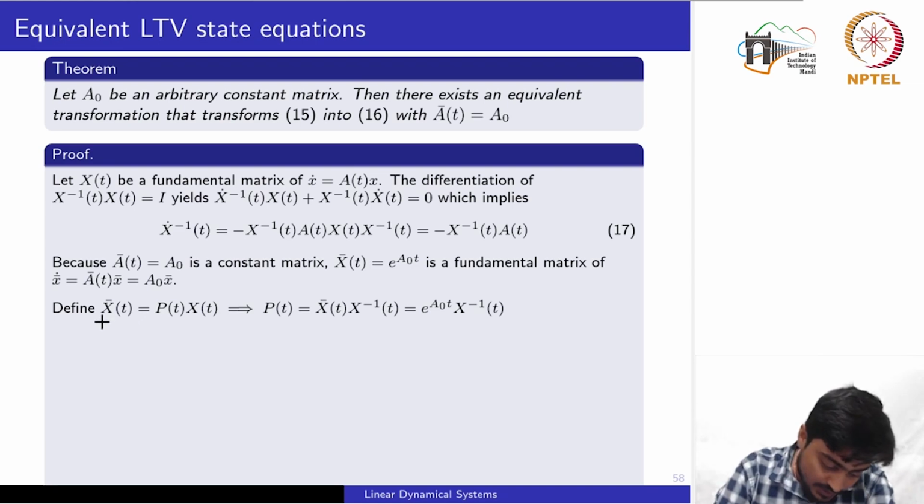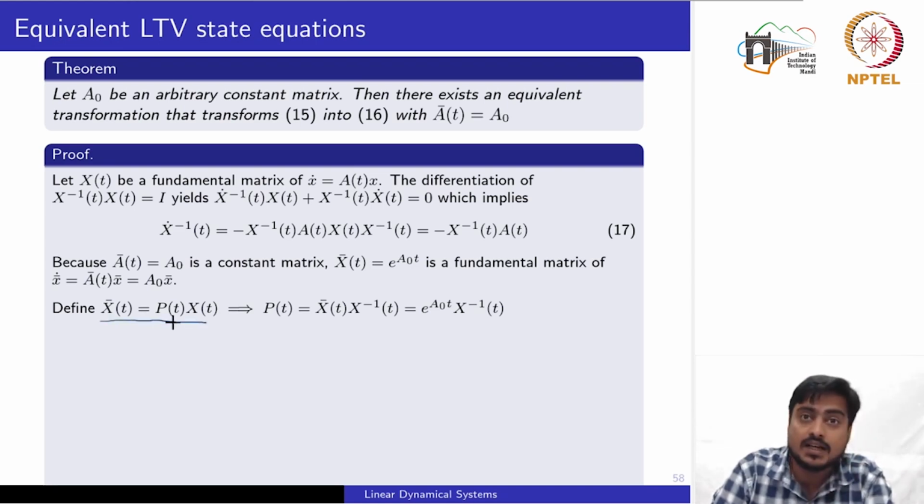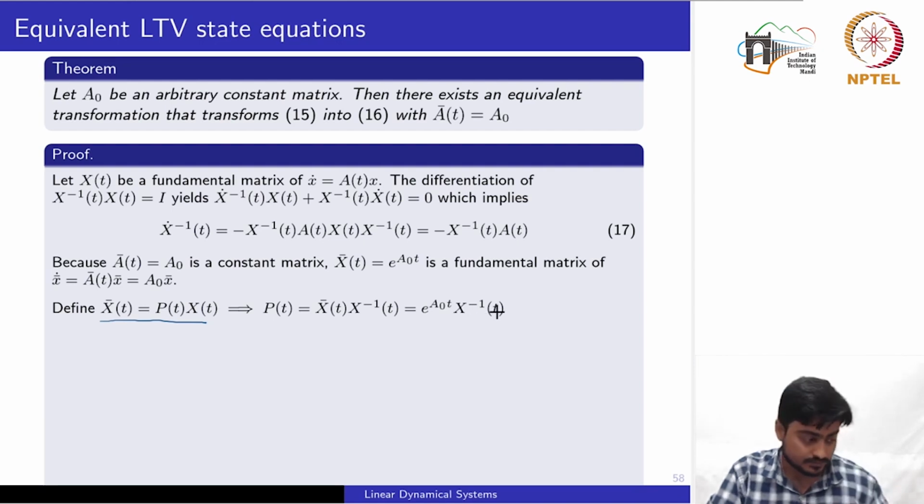So again, recalling the result we had seen in the last slide, that x bar is equal to P into x, I can express P of t as the multiplication of x bar into x inverse, where x bar I know is the matrix exponential. So my P of t is basically the matrix exponential into the inverse of x.